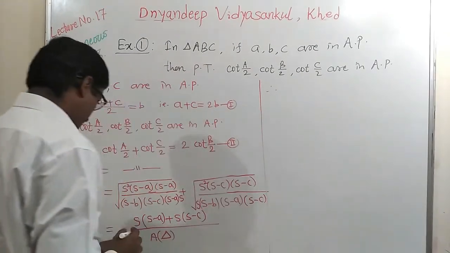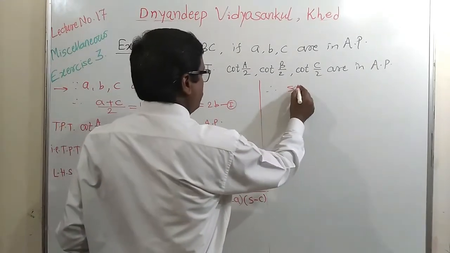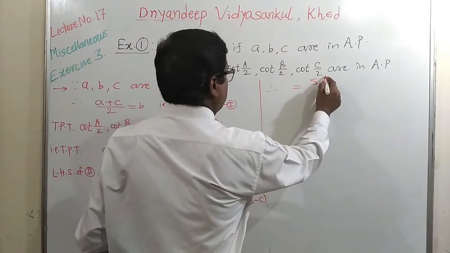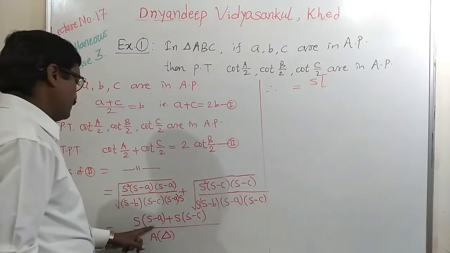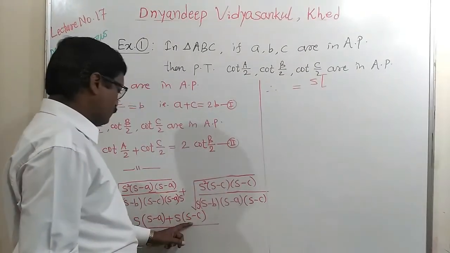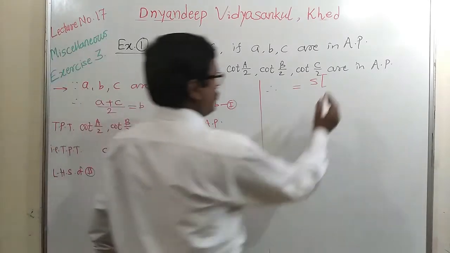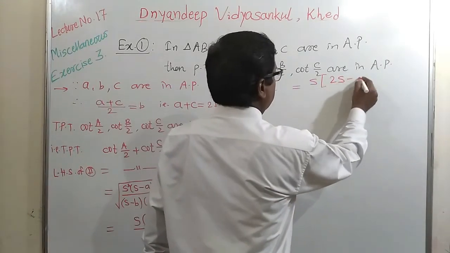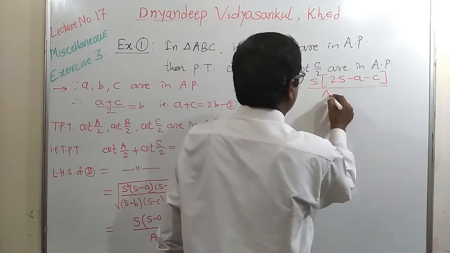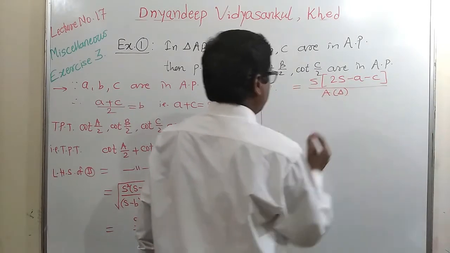Therefore LHS is equal to S into, in bracket, S minus a plus S minus c, that is 2S minus a minus c, and the denominator is area of triangle.